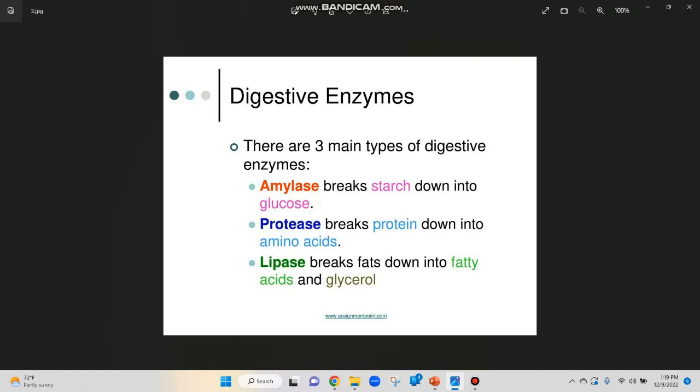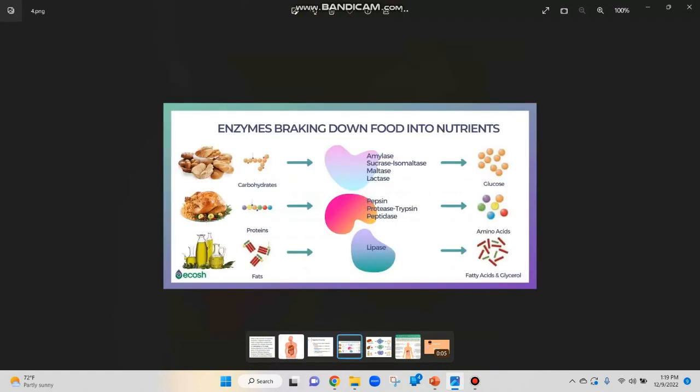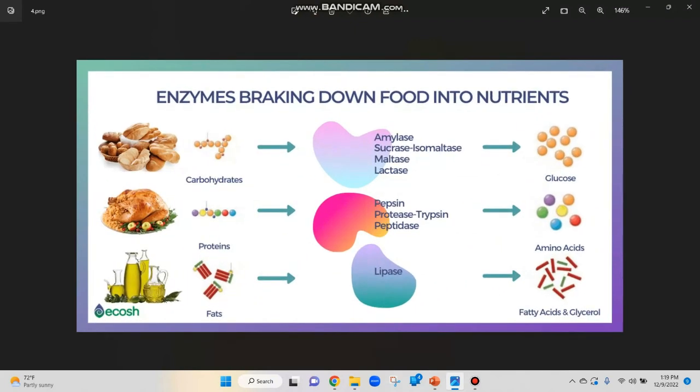You don't need to mention glycerol, but just for your knowledge, the fats are broken down into two things: one is fatty acids, the other is glycerol. Okay, now moving on, we need to know what structure they turn into. Enzymes break down food into nutrients. If you see over here, carbohydrates are present mostly in breads, rusk, and biscuits as well.